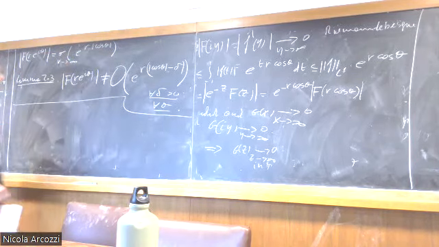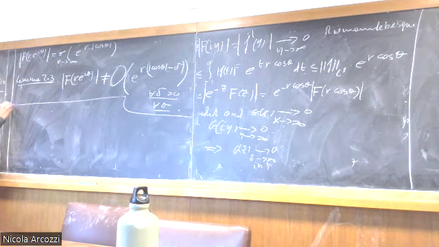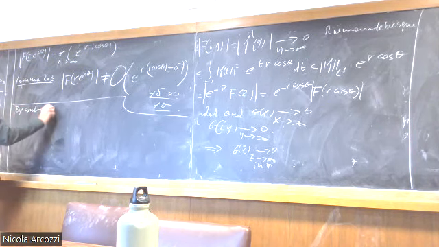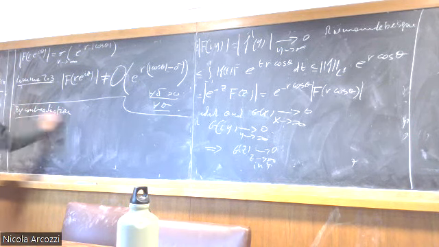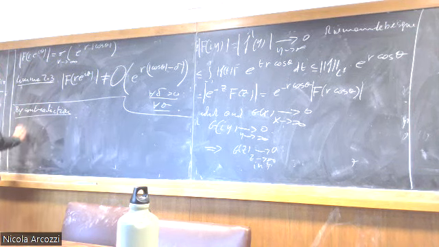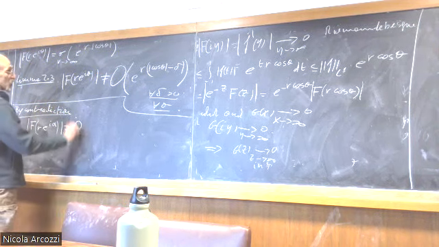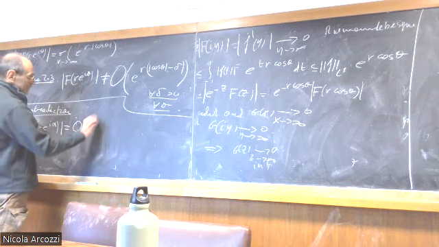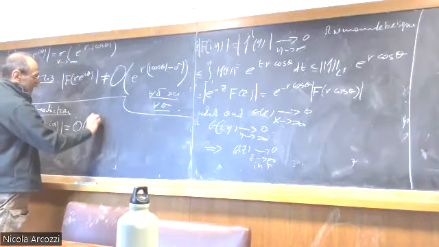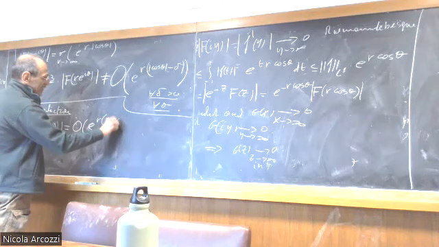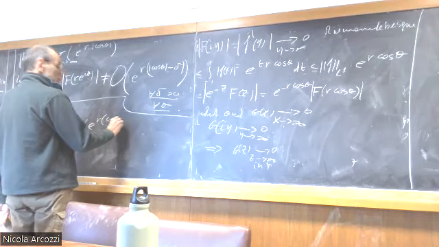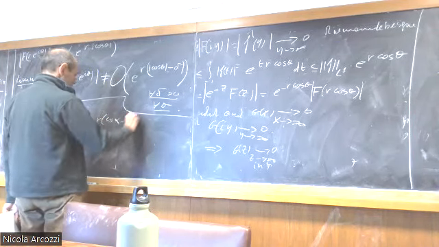So we do two cases. For the contradiction, suppose that that's true. Suppose that f of r e to the i alpha is big O of e to the r cosine of alpha minus delta.